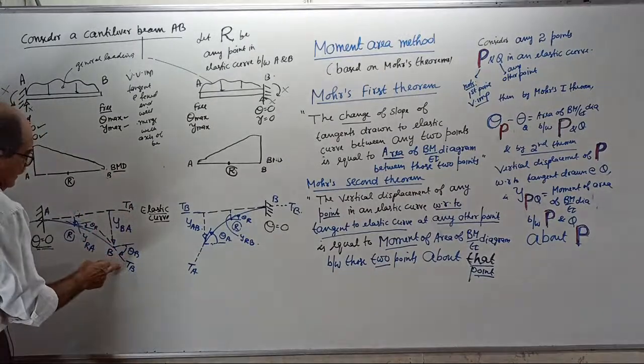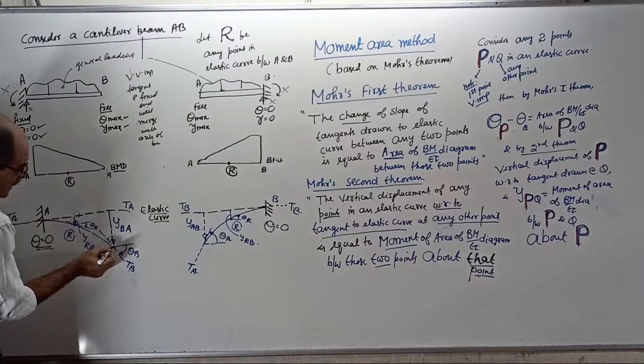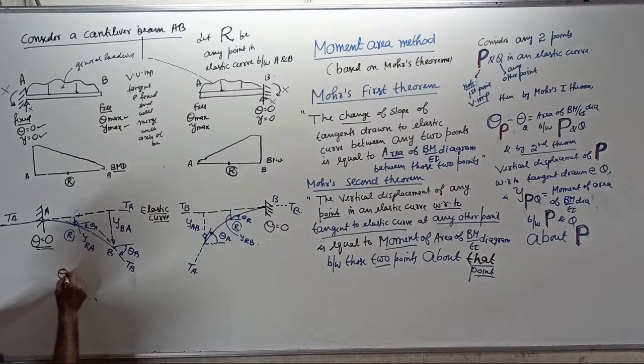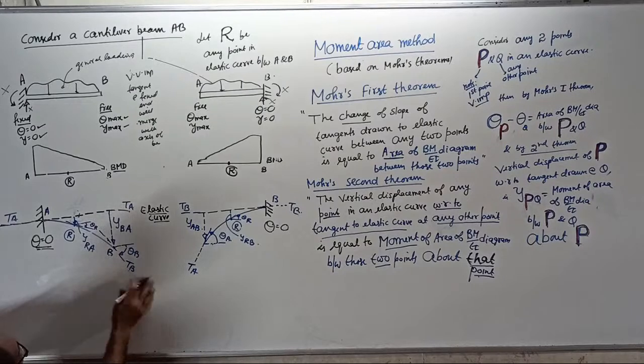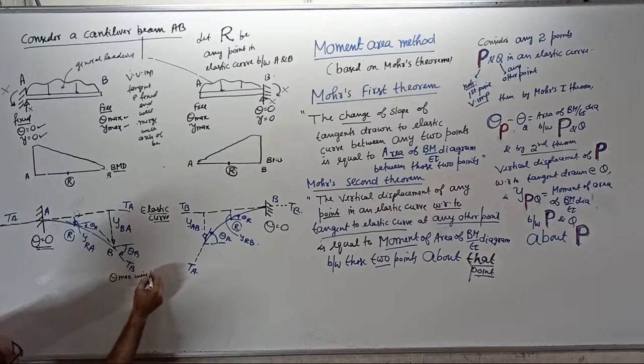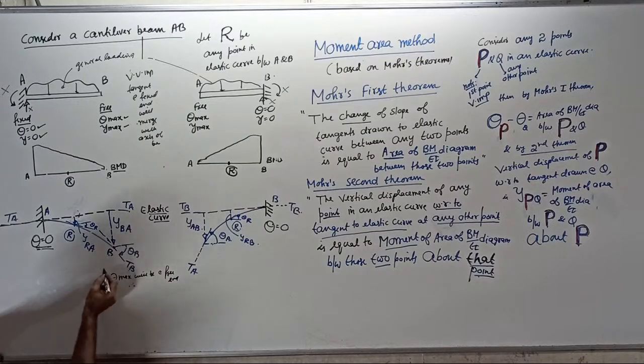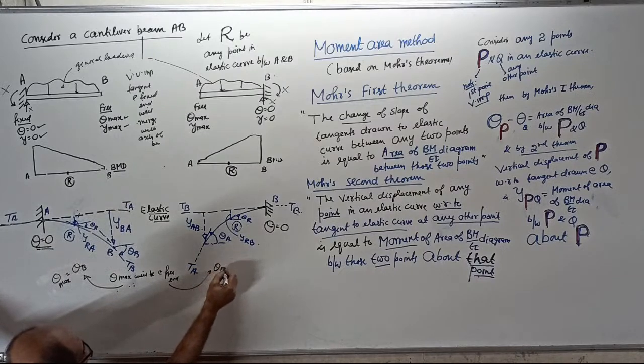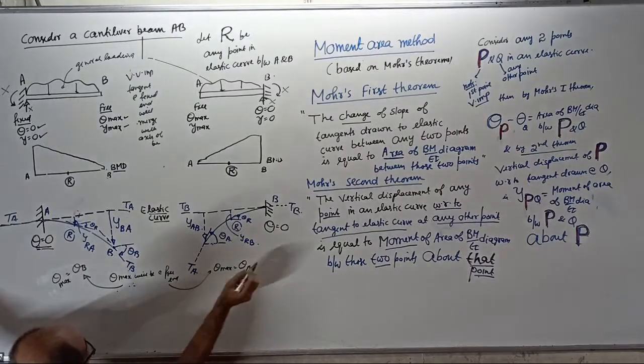Therefore, this is the tangent at B. Remember, a common statement for both: theta max will be at the free end. Therefore, for this example theta max will be theta B, and for this example theta max will be theta A. Is it fully clear?